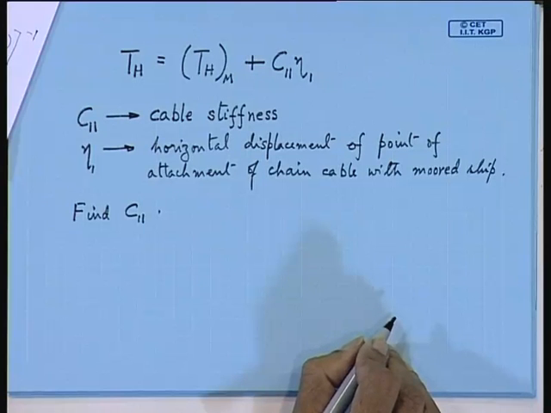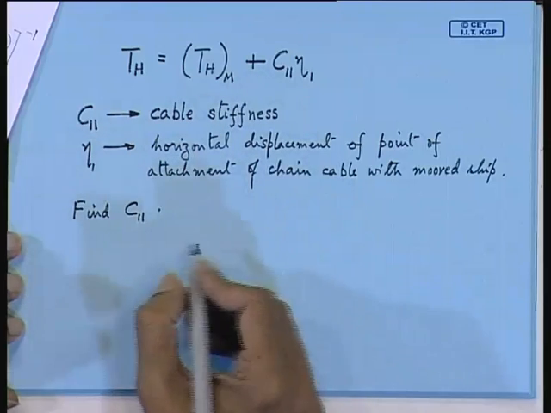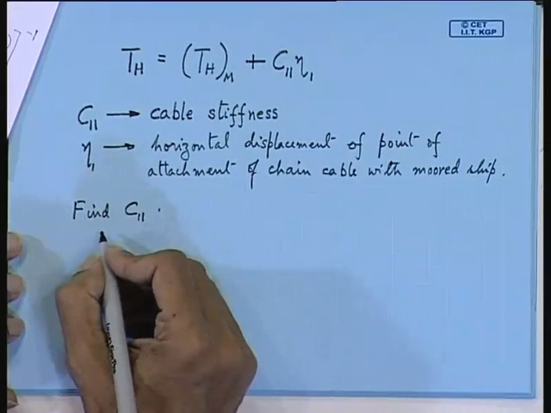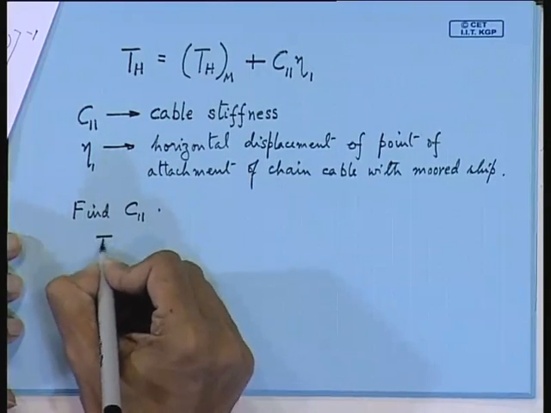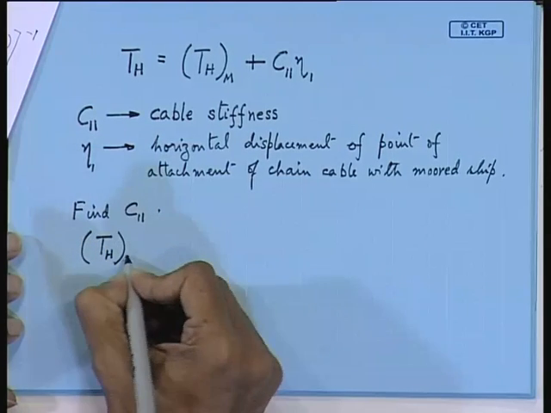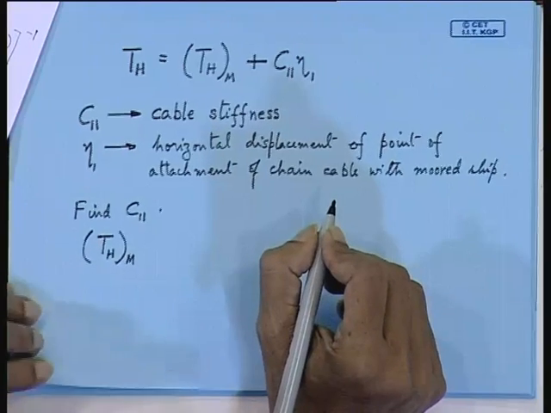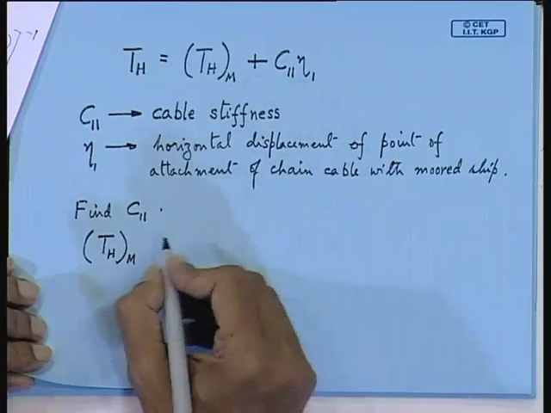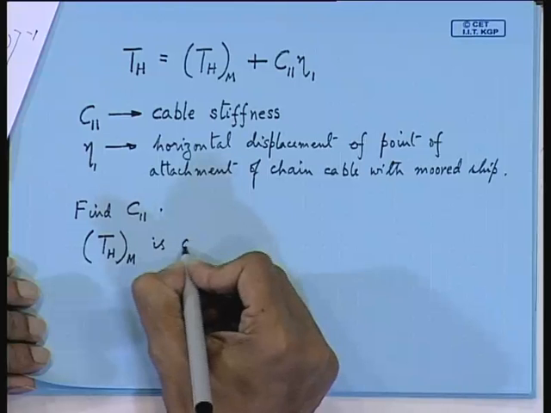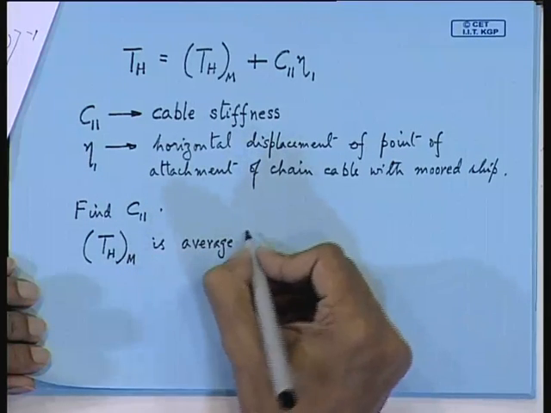Now if you want to find out C11, this THM is called the average horizontal force. Yeah, you have to make an assumption. So THM is the average horizontal force.